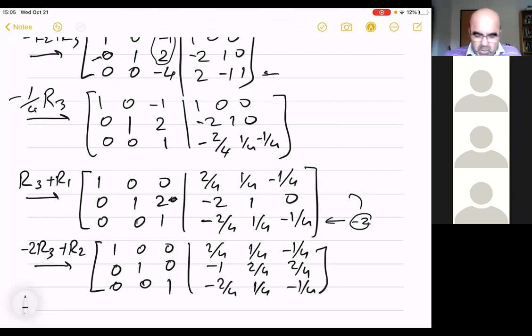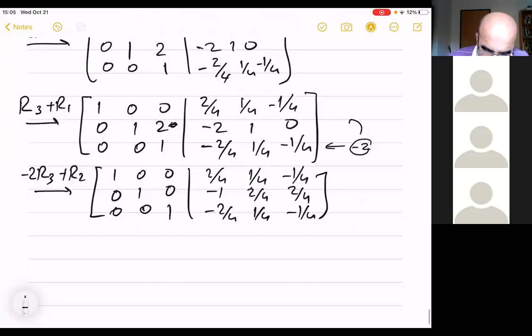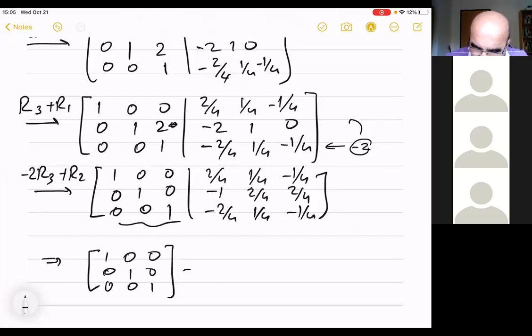So therefore, this is the row reduced echelon matrix, which is the identity 1, 0, 0, 0, 1, 0, 0, 0, 1. And the matrix here we get is the product of elementary matrices, 2/4. Let me write like this.